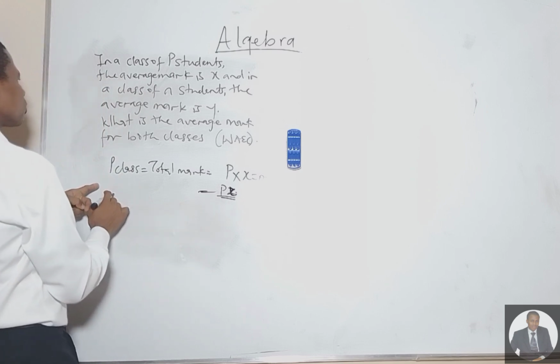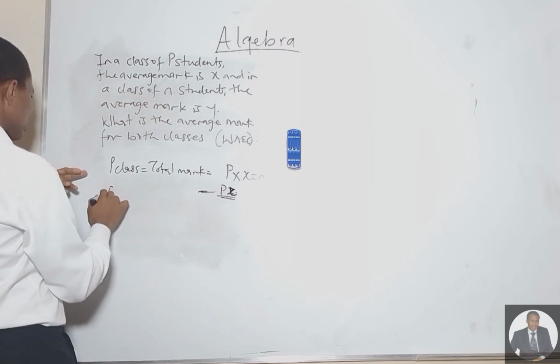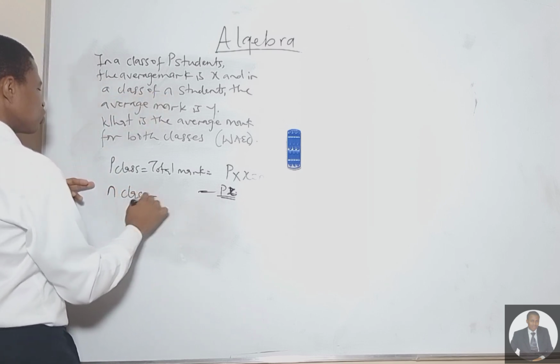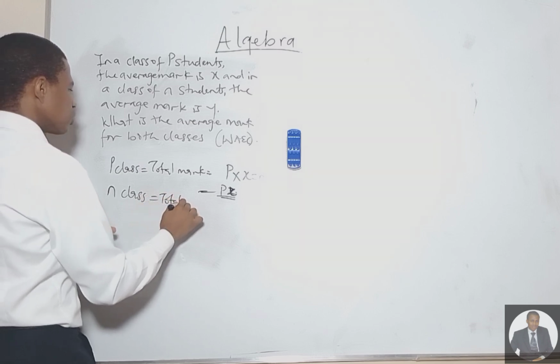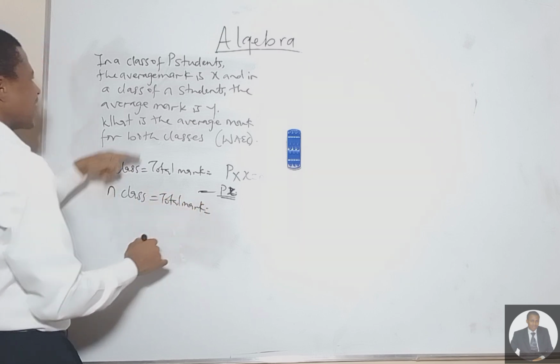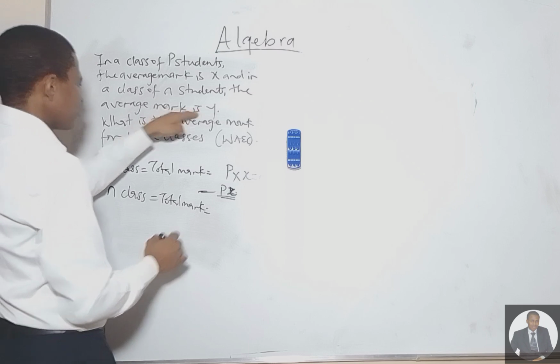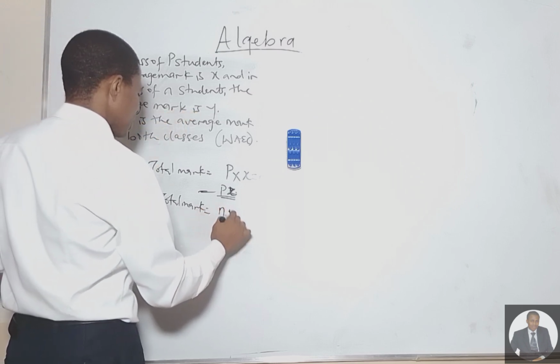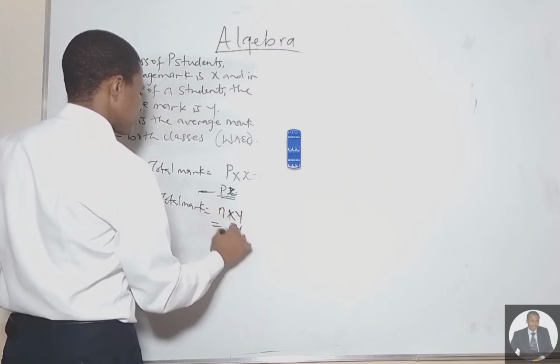Now, in the class of N students, so we say N class, the total mark will be N students times their average mark, which is N times Y. That's NY.